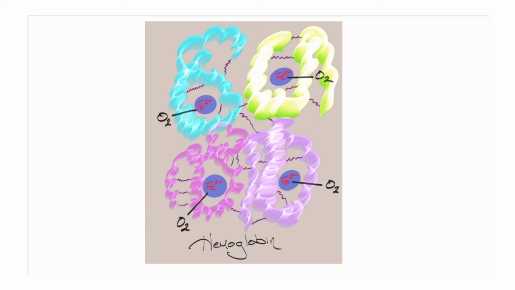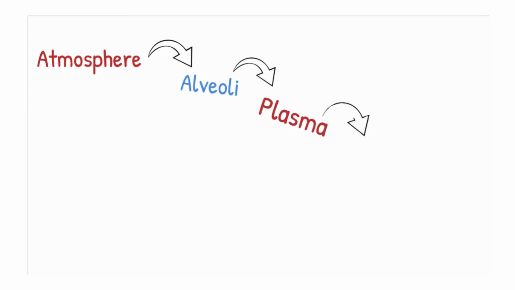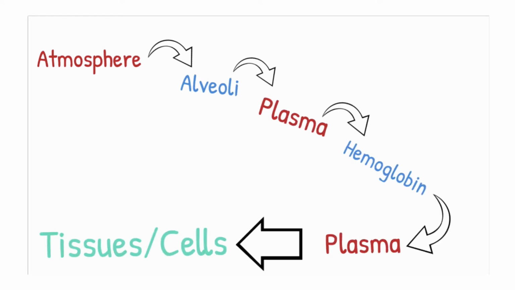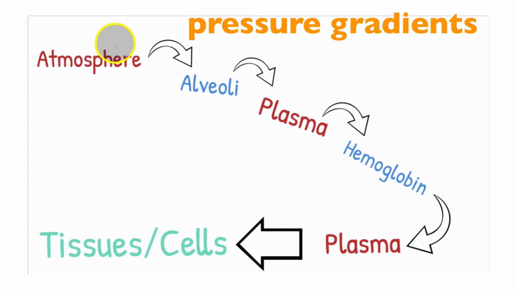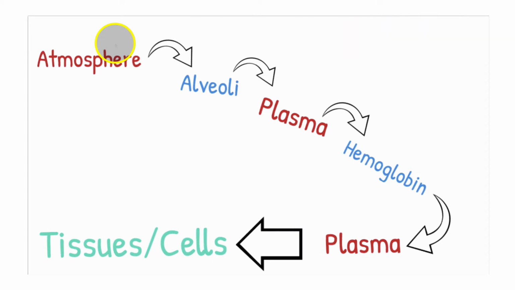Now, if we just look at a brief overview of the travel of oxygen throughout the body, it first enters the body from the atmosphere, moving into the lungs, specifically into the air sacs of the lungs, known as alveoli. And gases move down pressure gradients in a very similar manner to how ions or molecules move down chemical or electrical gradients.